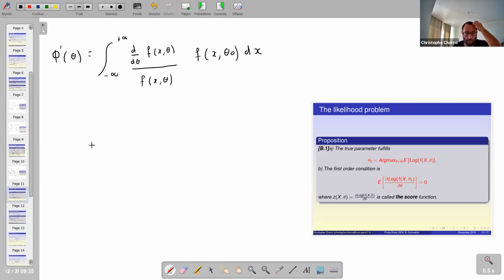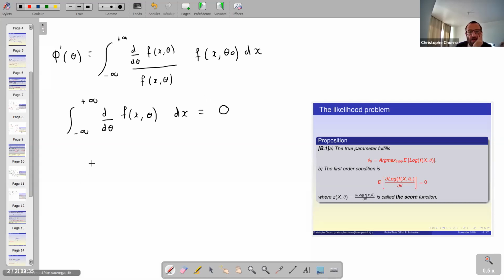And I have the fact that if I compute this one, the integral of d over d theta of f(x, theta) dx is equal to 0.